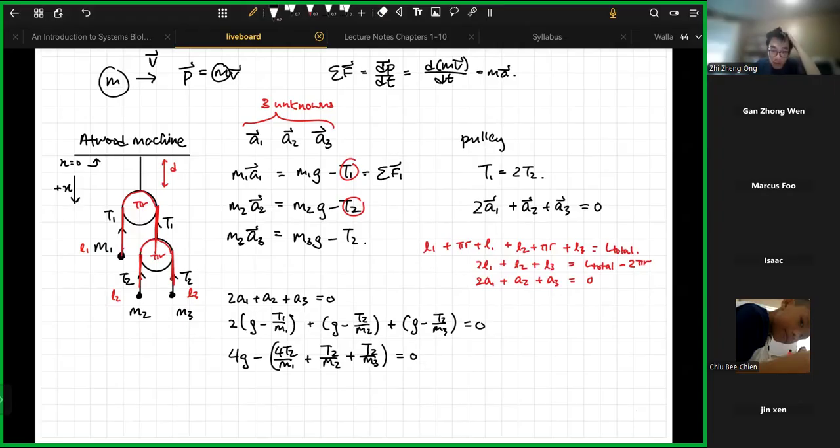So from here you get T2 is equal to G over 1 over M1 plus 4M2 plus 4M3. And that's the final answer for the tension.